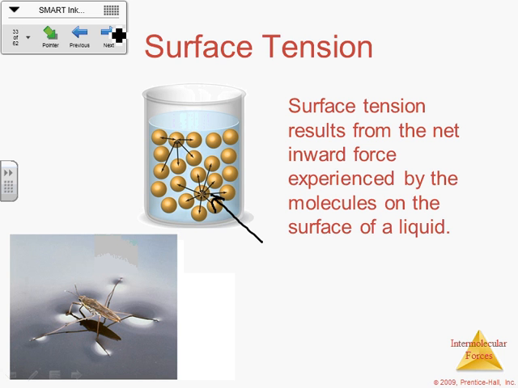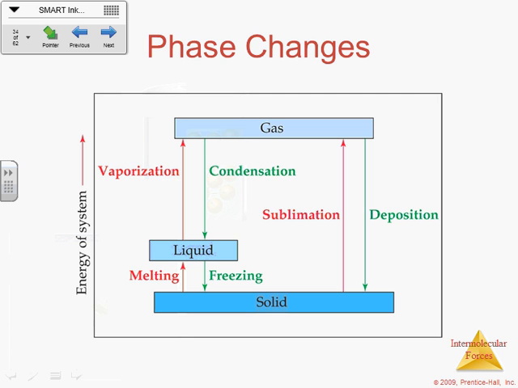But at the surface, this water molecule right here is only pulled sideways and in. Okay, it's not pulled up because there are no molecules on top of it. So that sort of pulls these things in a little bit tighter at the surface, and it creates this tension there where you can actually float some things on top of there.